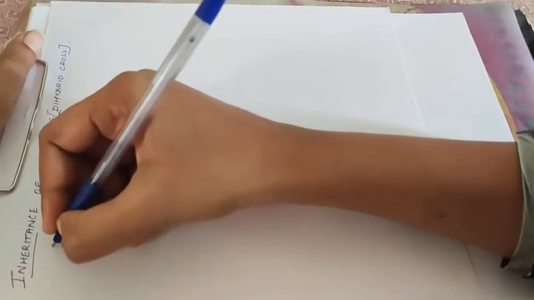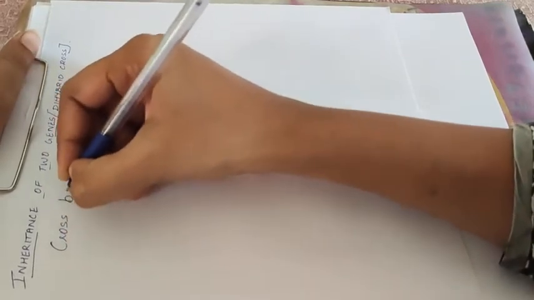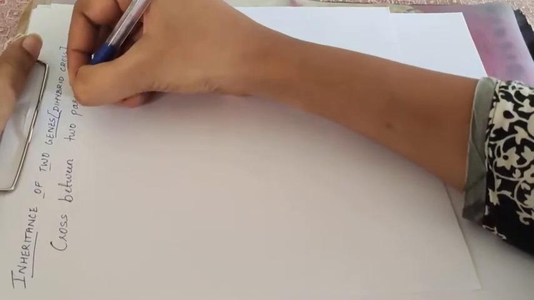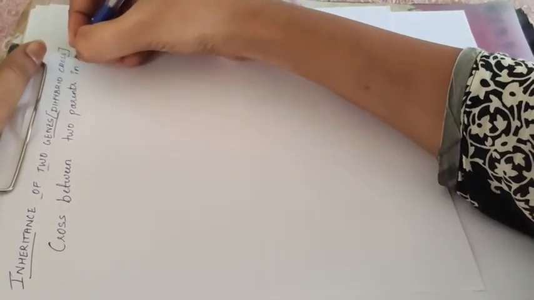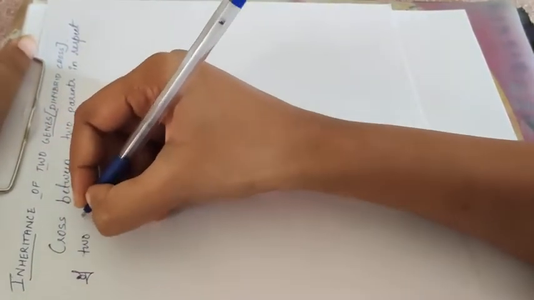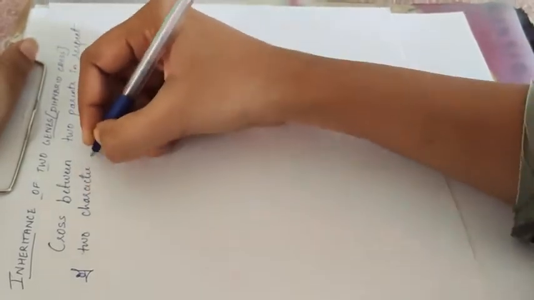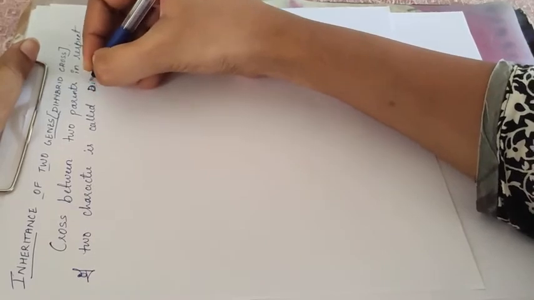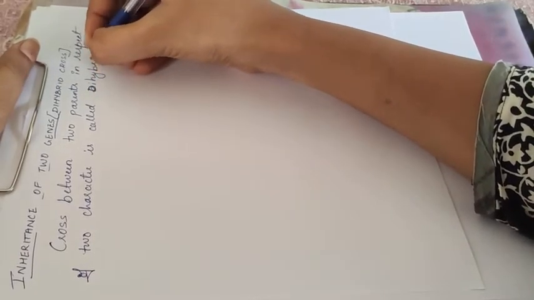So dihybrid cross means a cross between two parents in respect of two characters. Here we are going to select the parents which are going to differ in two characters.